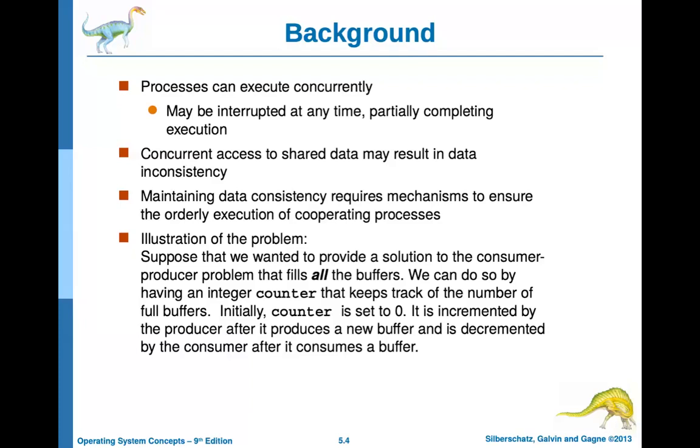And while we have multiple processes for execution, we have already discussed the relationship amongst the processes. If they are working on the same problem, we call them cooperating processes.